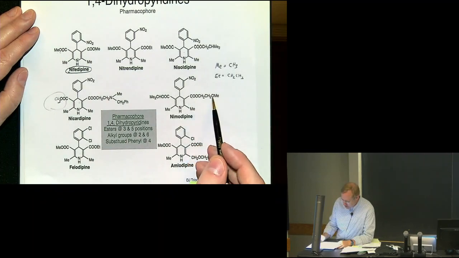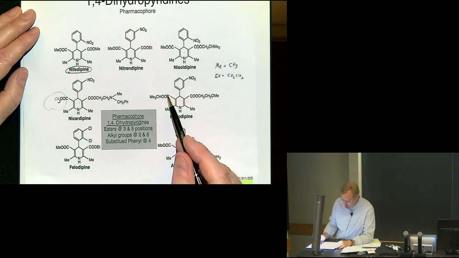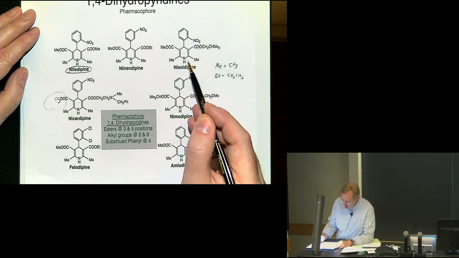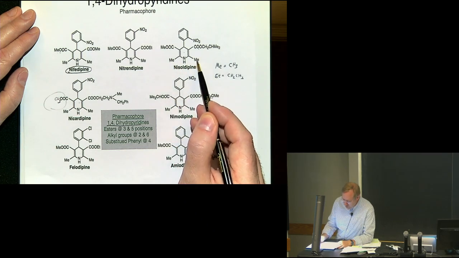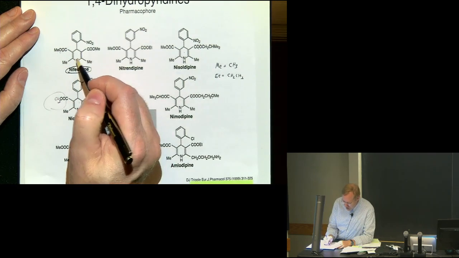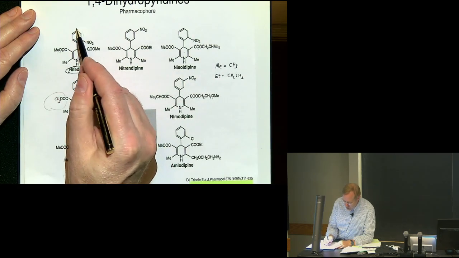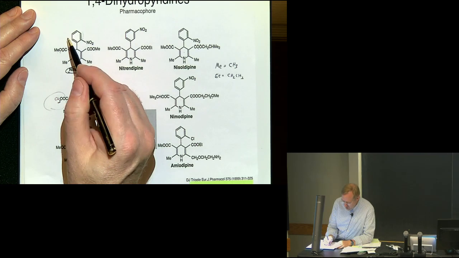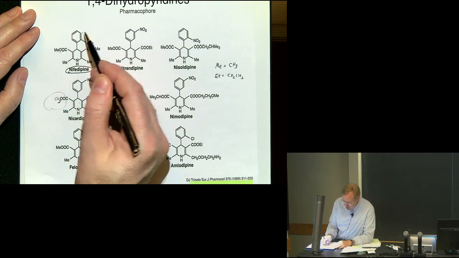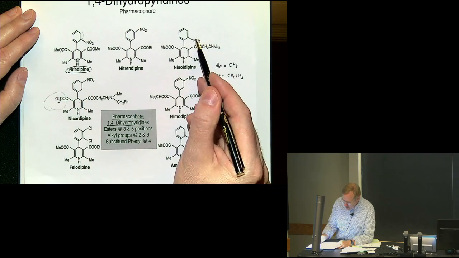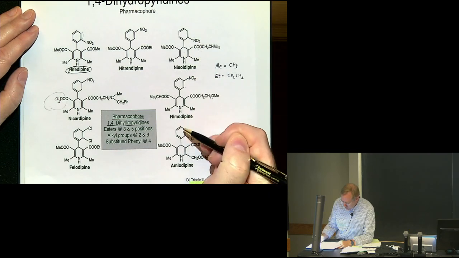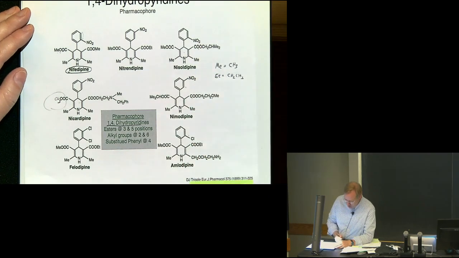Some of these are now asymmetrical, so they don't necessarily have to be symmetrical. You just have to have esters in these positions. You'll see an alkyl group at these positions. And what's really interesting is, para to the nitrogen here, you'll have this phenyl group, and the phenyl group always has a substitution at this ortho or meta position. And we'll see that that's important for their conformation and how they bind.